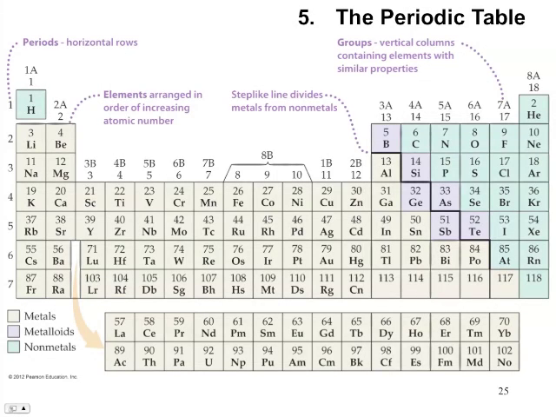So here's our first introduction to the periodic table. We've already shown you that the periodic table is arranged with the elements in order of increasing atomic number, right? Where the atomic number defines the element and is associated with the number of protons in the nucleus.